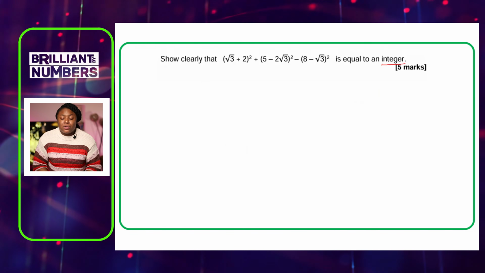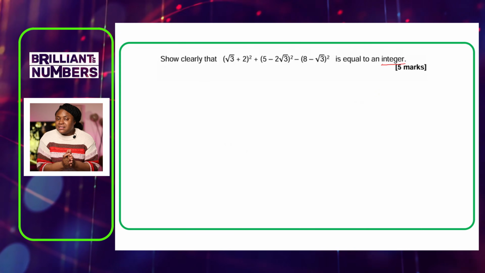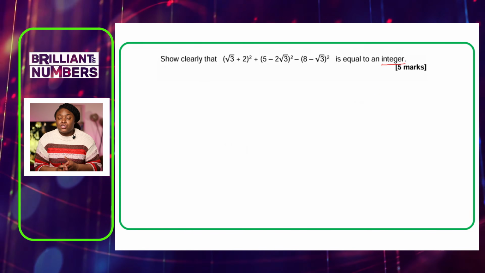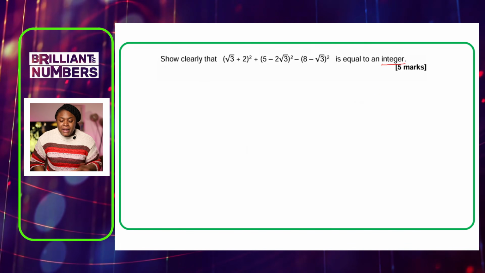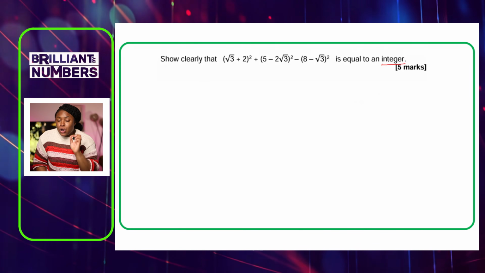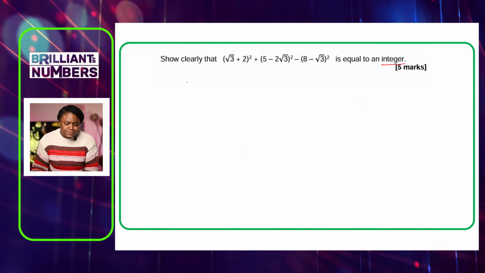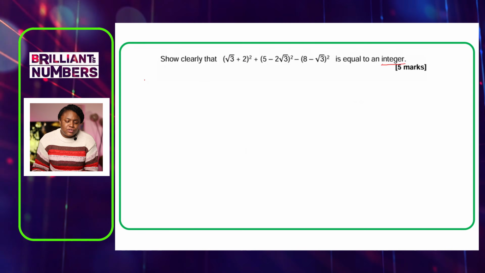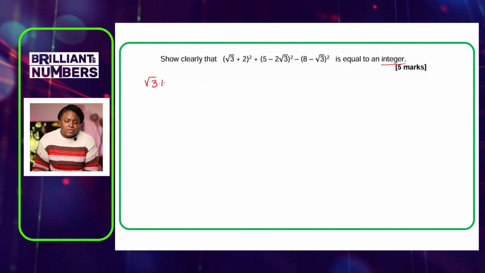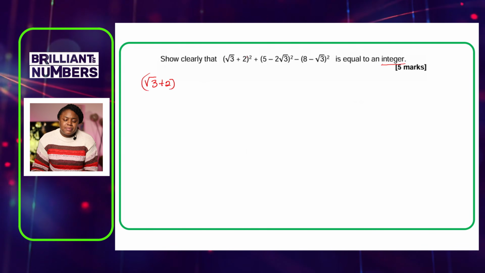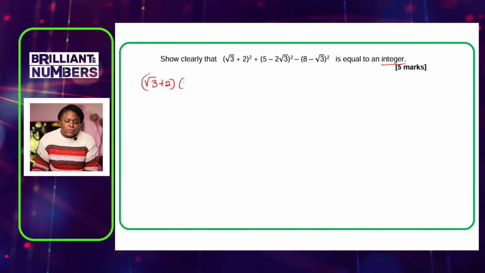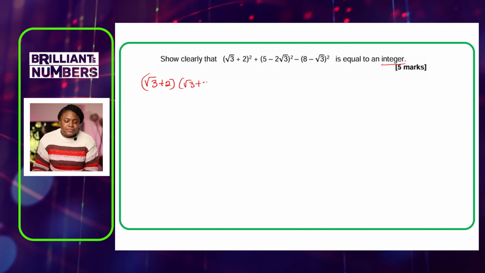So what we're going to do is focus on each section at a time and then bring them back together. So we know when we expand this, we expect to get a number. So let's go. The first one we have, we're going to do root 3 plus 2. And that's been squared, so we just need to write that twice and expand.